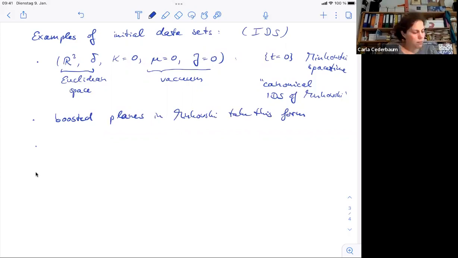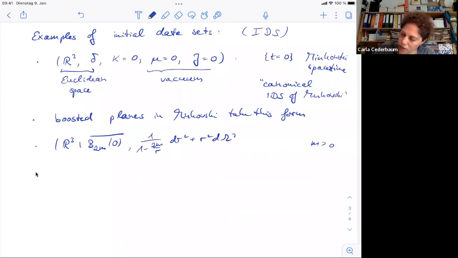Another example that you may be familiar with is if I take Euclidean space outside some ball of radius 2m for some parameter m, which is 0 or positive, or let's have it actually strictly positive for this example, and then the metric 1 over (1 minus 2m over r) dr squared plus r squared d omega squared in spherical polars, K equals 0, mu equals 0, J equals 0, where again this tells us that we're probably in vacuum.